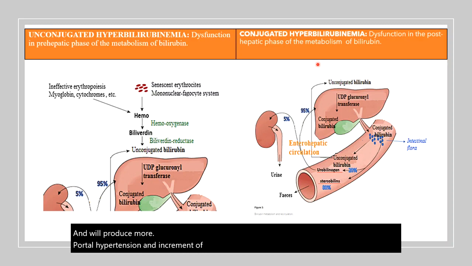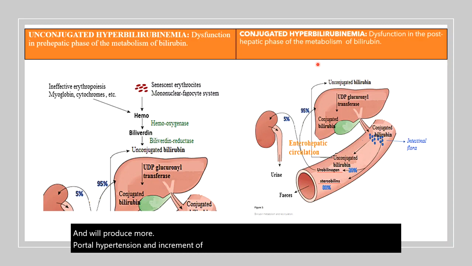Any disorder that will produce problems with erythrocytes, or with globin, with hemolysis, that will produce more heme groups, will increment the pre-hepatic phase and also increment the levels of unconjugated bilirubin.